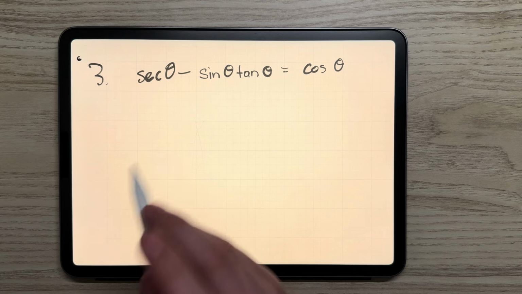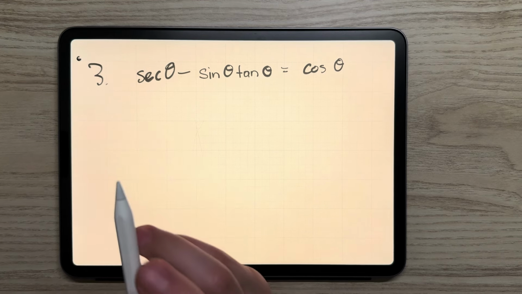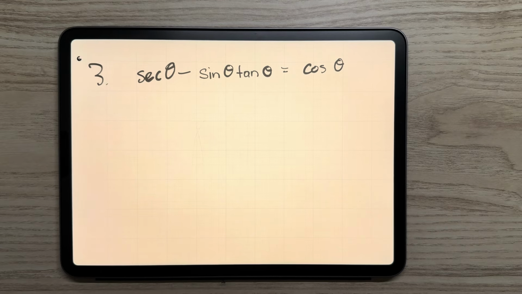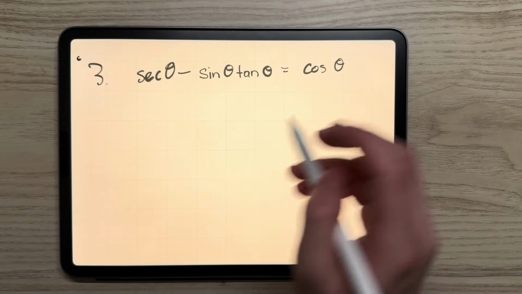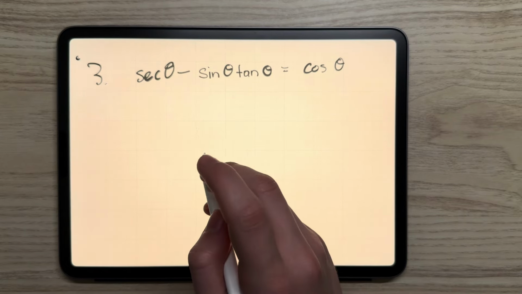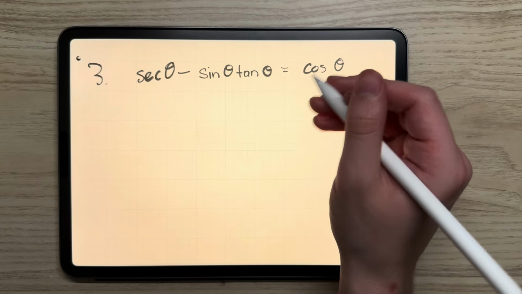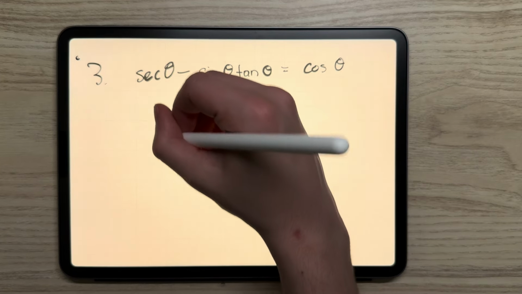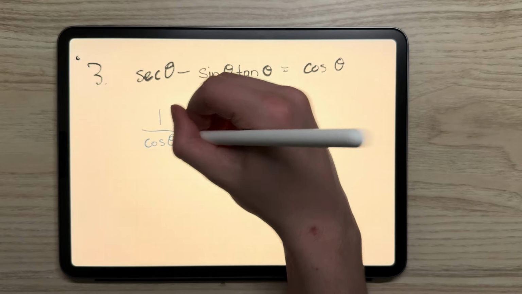To tackle this, we're going to do the same thing as before, which is using quotient and reciprocal identities. This time there aren't any squares, so probably not any Pythagorean identities unless it comes up when we're combining fractions. So I'm just going to substitute in some identities.